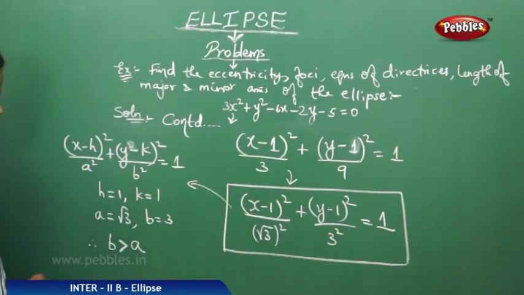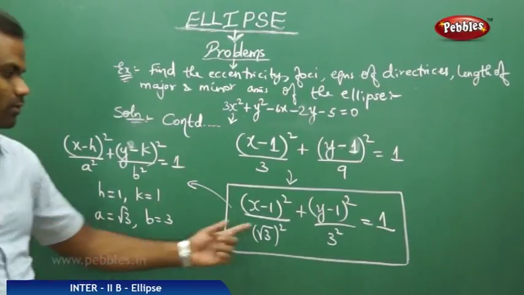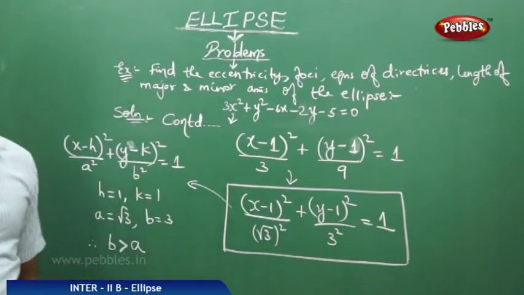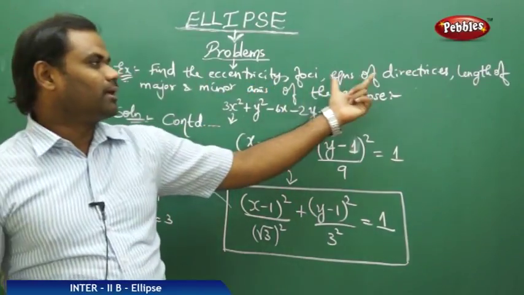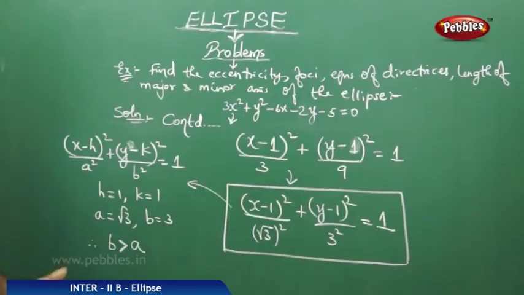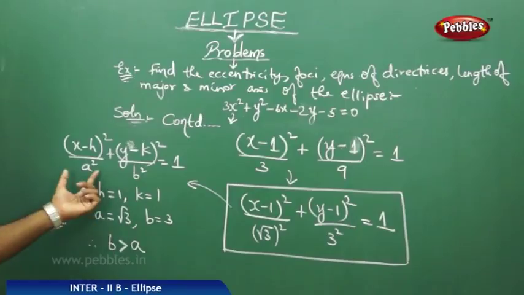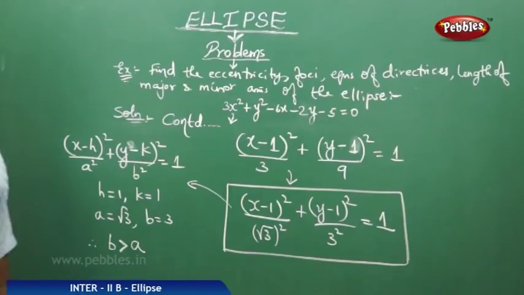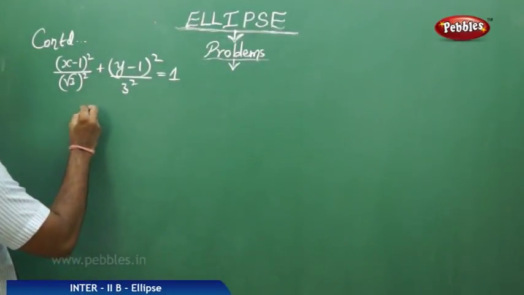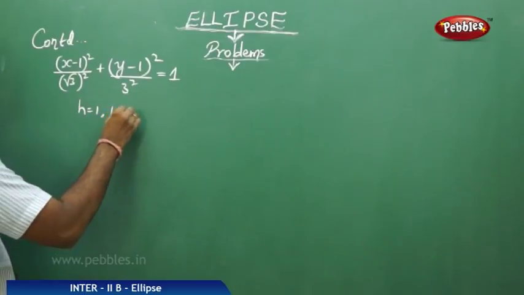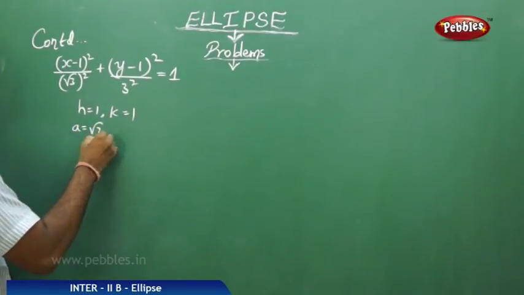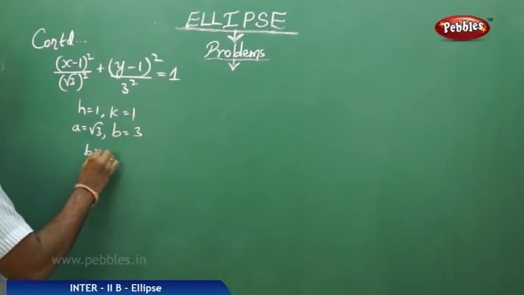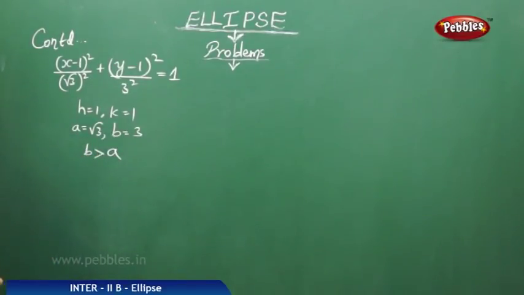So here the condition is b greater than a, and with this condition we are going to use the concept of identifying the eccentricity, foci, equations of directrix, and length of major and minor axis of the ellipse for this equation with h equals 1, k equals 1, a equals root 3, b equals 3, with b greater than a.